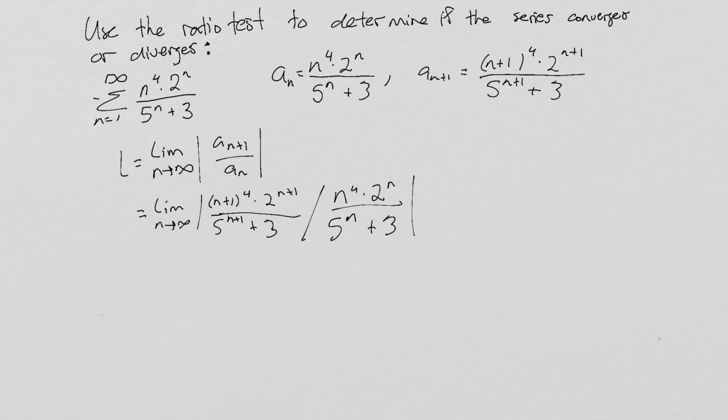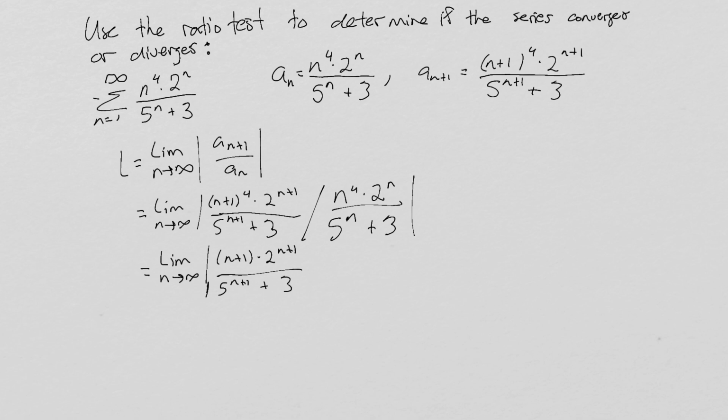So you should be good at this step. We've done this lots. I need the copy dot flip to divide by a fraction. So I'm going to write my limit notation again as n goes to infinity, absolute value. I am going to copy all of this exactly as is. That's the copy in copy dot flip. N plus 1 to the fourth times 2 to the n plus 1 all over 5 to the n plus 1 plus 3.